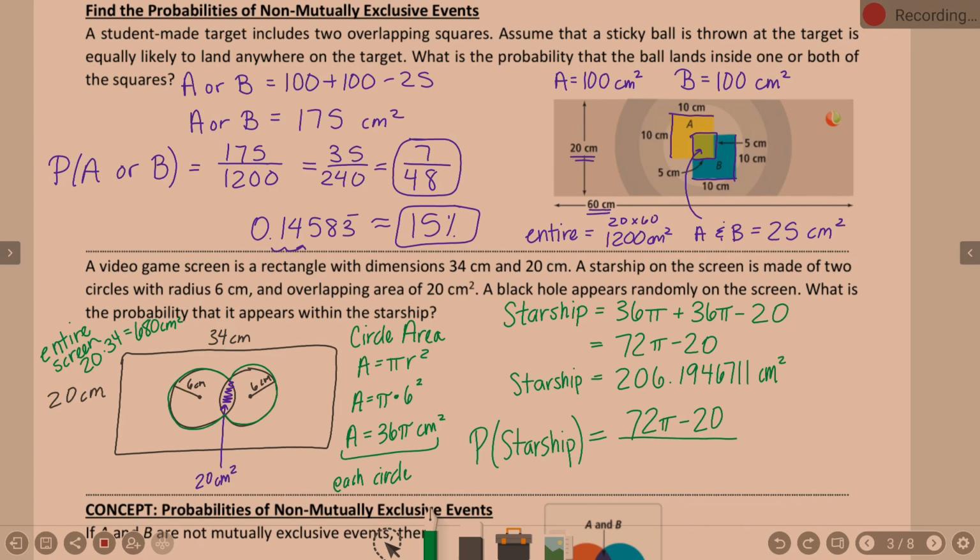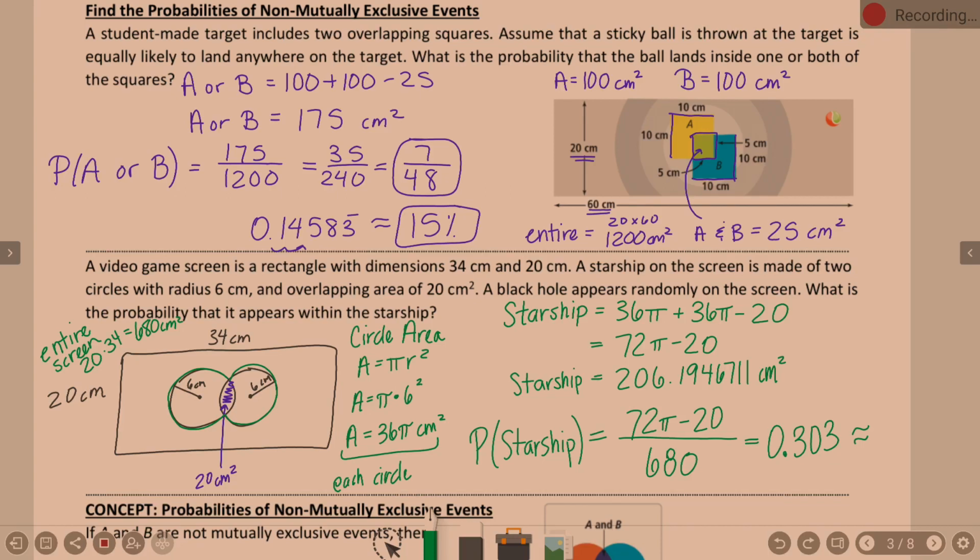Okay, so 72 pi minus 20, divided by 680. If you have that 206 number, you did that on your calculator, then the 206 divided by the 680. Okay, I have written down 0.303. I also have this written as a percent, and that's actually what I have boxed.